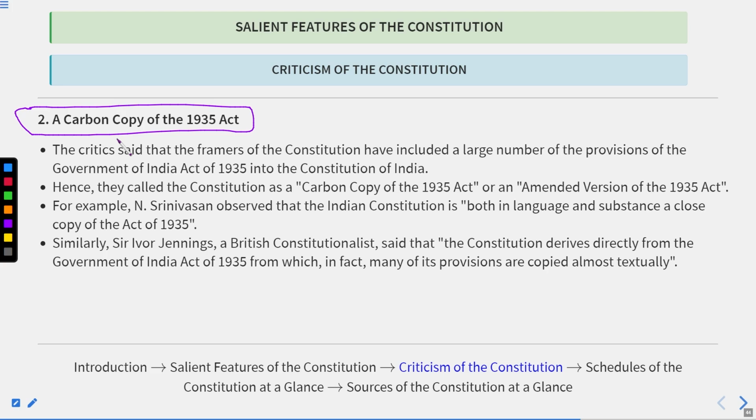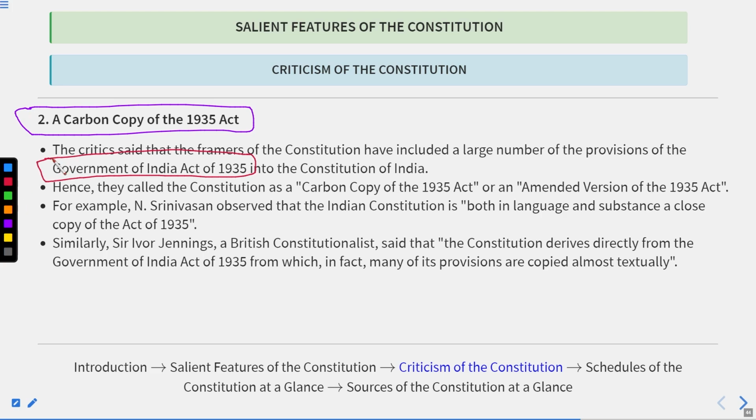The next point was a carbon copy of the 1935 Act, or you can say the Government of India Act 1935. The critics said that the framers of the constitution have included a large number of the provisions of the Government of India Act 1935 into the Constitution of India. And also we had discussed that the major weightage of copying and pasting goes to the Government of India Act 1935.